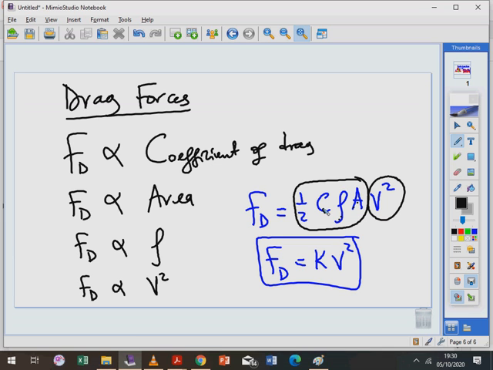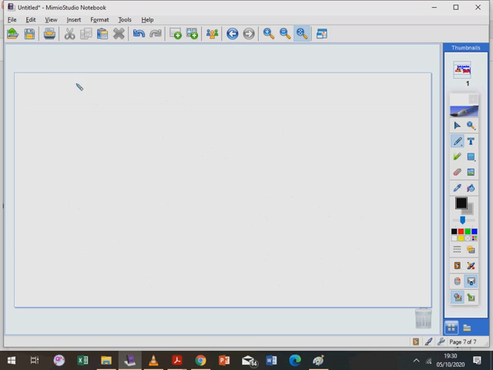Now we can do an example. We can imagine that Shuad has gone skydiving and he's falling in a head first position, falling downwards, and we want to know the terminal velocity, because the constant velocity that an object reaches as it falls through a fluid is called the terminal velocity.